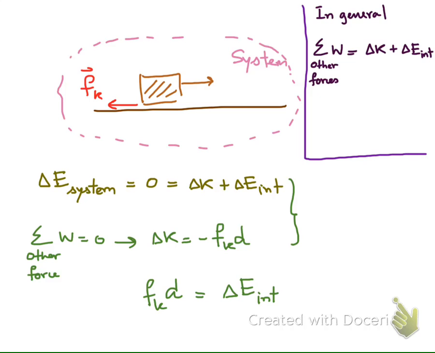So with the existence of the kinetic friction, you can see that if you do work on the system, here the system is the object and the surface, you must pay something to the internal energy, and once you do that, the rest of your effort will go to the kinetic energy.